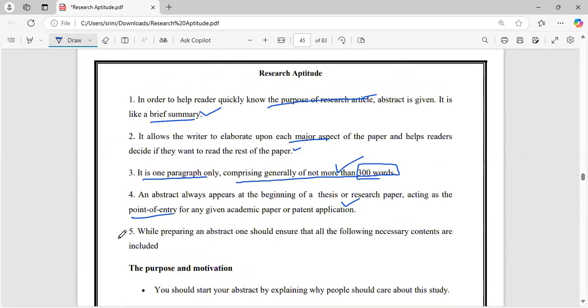In abstract, it is about the research paper itself. It's like a one-line review. If you watch movies or anything else, they will give one-line reviews.